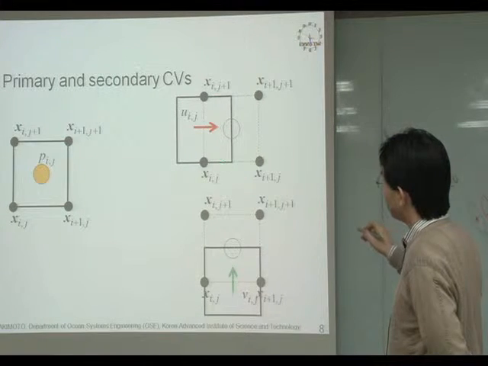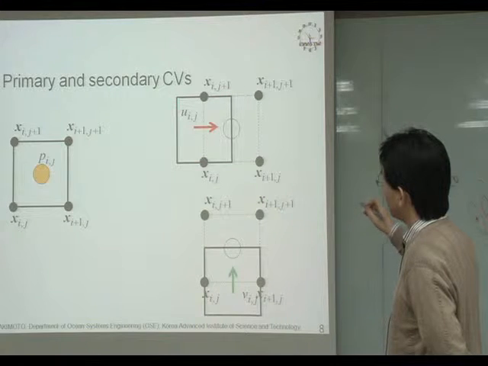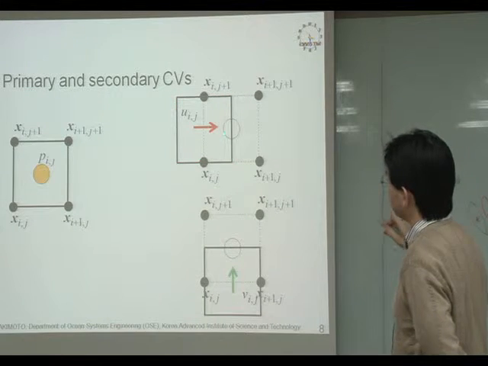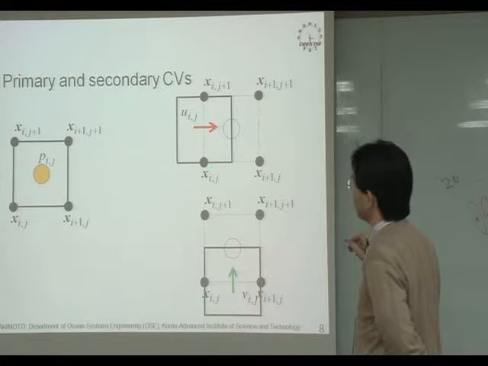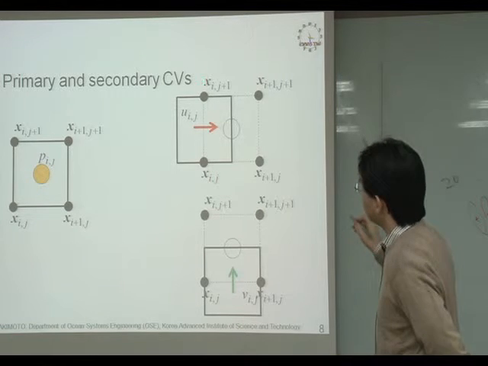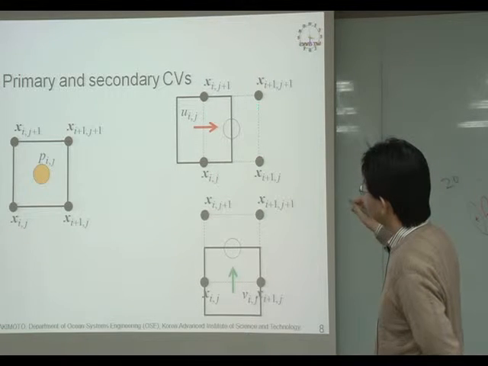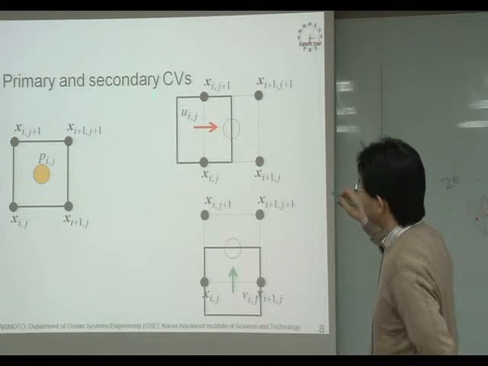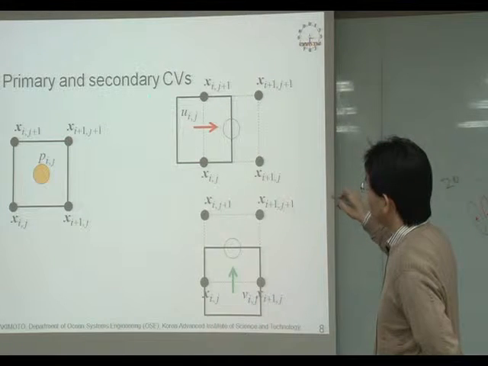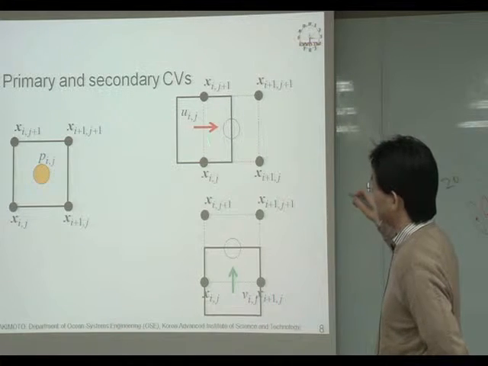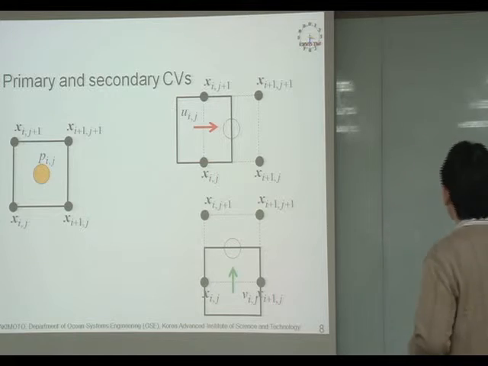So you have to consider this secondary control volume. This control volume is composed of half of the present primary volume and also half of the control volume next to the present one.